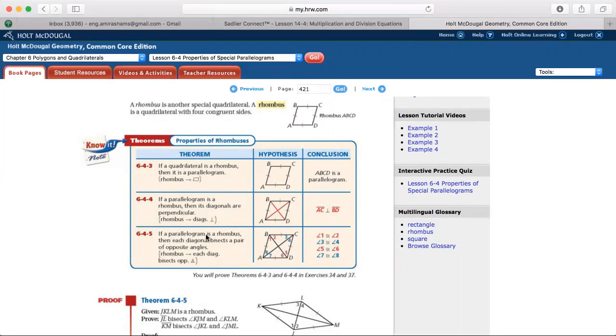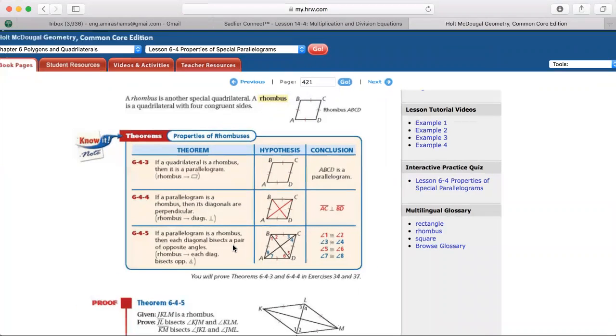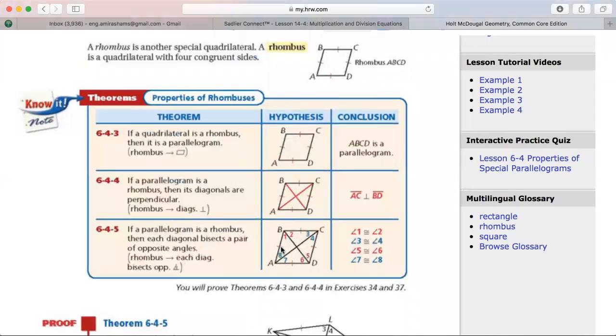If a parallelogram is a rhombus, then each diagonal bisects a pair of opposite angles. The diagonal here bisects the angle. Bisects the angle means it divides the angle into two equal angles.